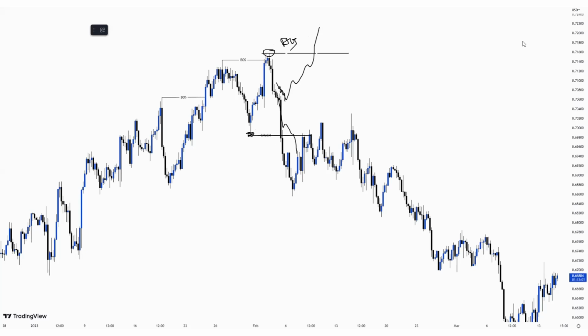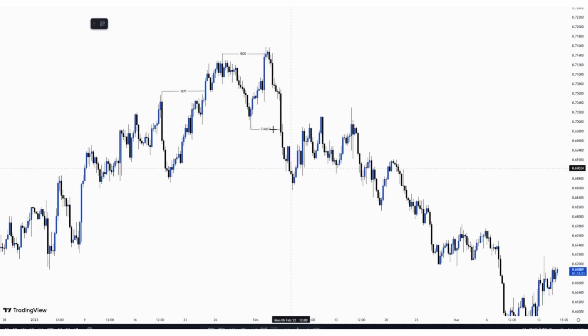But as I've said, it's explained in detail in the first video, because I can't cover everything at once. After the change of character, I expect a pullback. So this is the low, so another pullback.